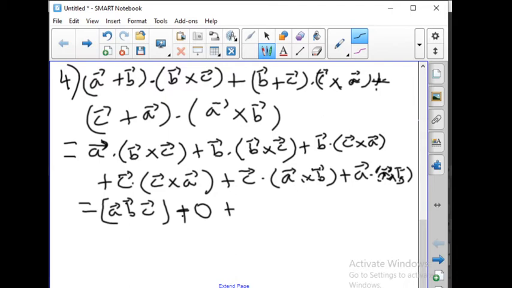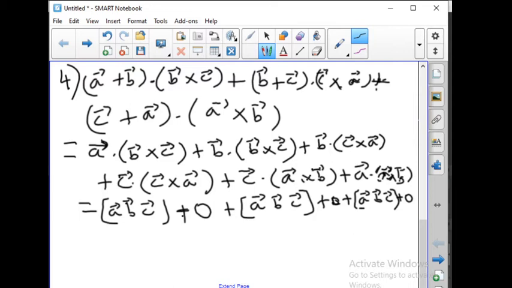Then the next one is the box product of B vector, C vector, A vector, which can be written as the box product of A vector, B vector, C vector, plus the next one, two of the vectors are same, so it is 0. Then the next one again can be written as A vector, B vector, C vector, and the last one is again 0 because we have two A vectors.